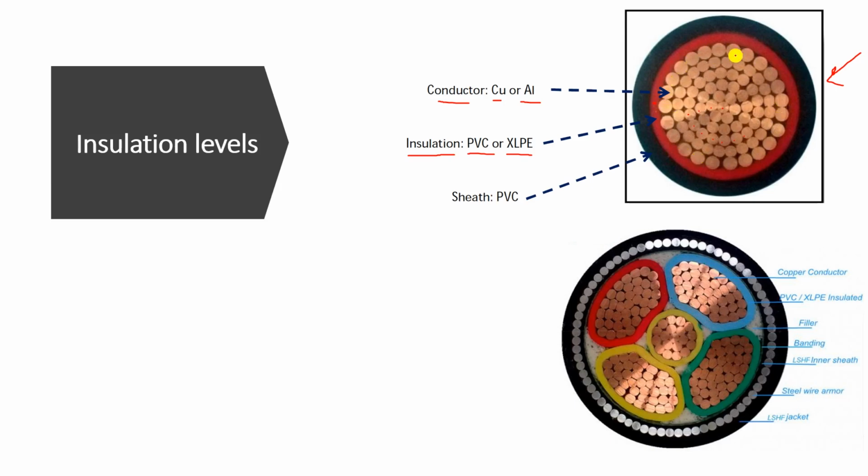This material is the insulation material, made of PVC or cross-linked polyethylene. Outside of this, you can see something called the sheath, which is usually made of PVC, or always made of PVC. This is the outer cover of the core or the cable itself.